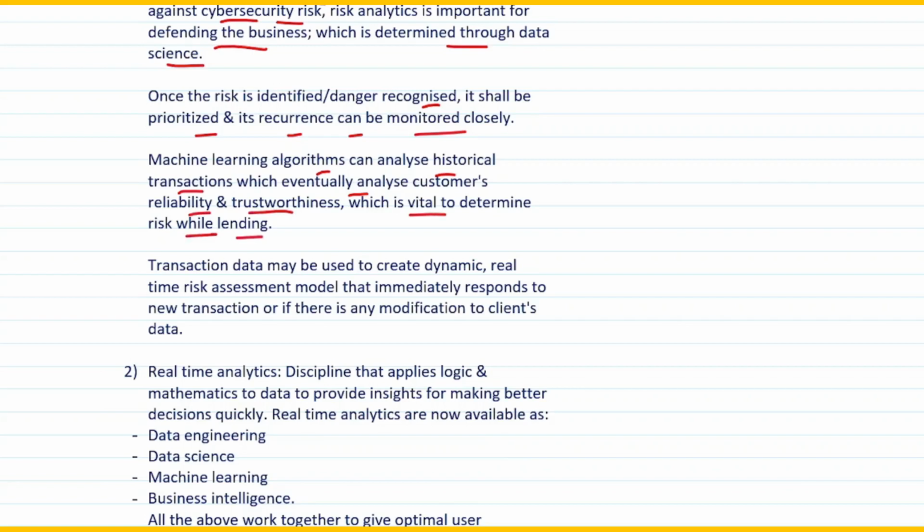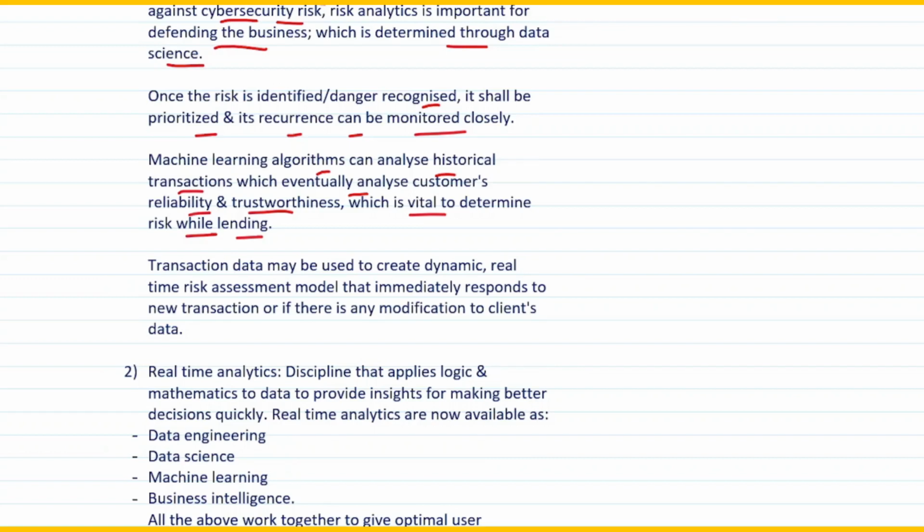So when you have algorithms in place, as in you have various systems or mechanisms which capture the data of the earlier use of the customers, in that case it can help you to know the reliability and the trustworthiness of the consumer. This is very essential in terms of lending businesses. So unless and until you know the risk that a potential customer has, the lending becomes a bit difficult. So if you know what exactly is his reliability and trustworthiness, it's easier for you to lend to the people so that you can recover it easily, and that will be profitable for business as well, right?